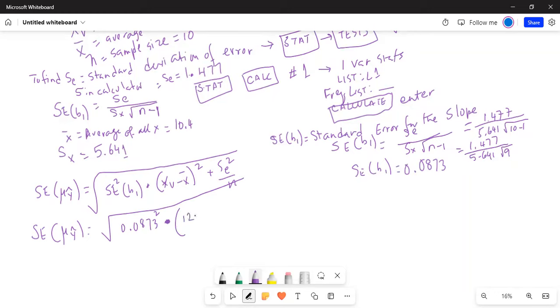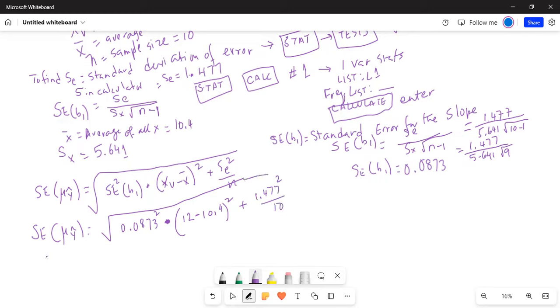So 12 minus the average of x, which we also calculated, and that is 10.4, squared, plus SE squared, the standard deviation of the error term squared, divided by n, which is 10.